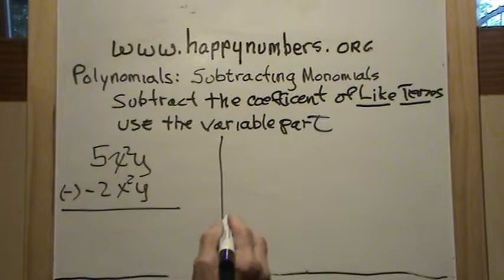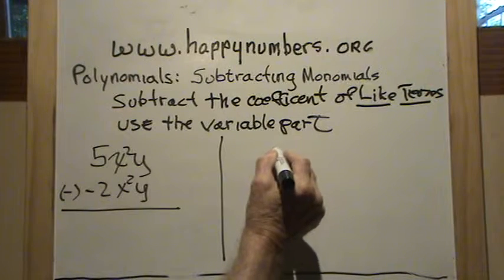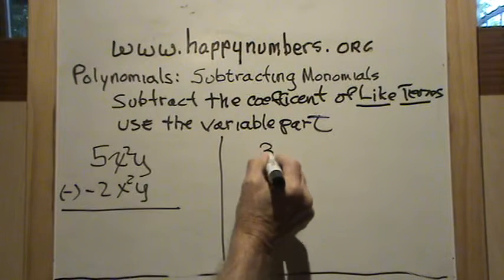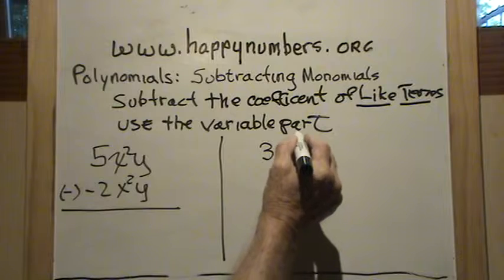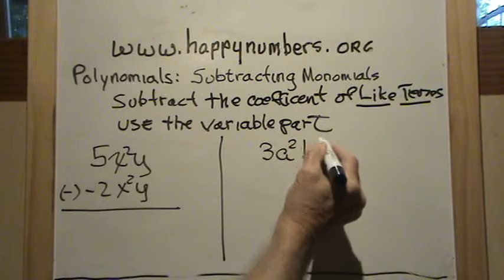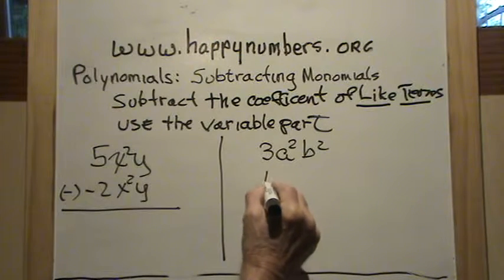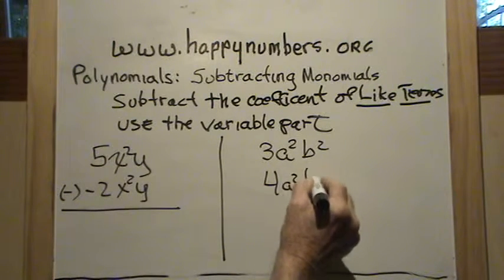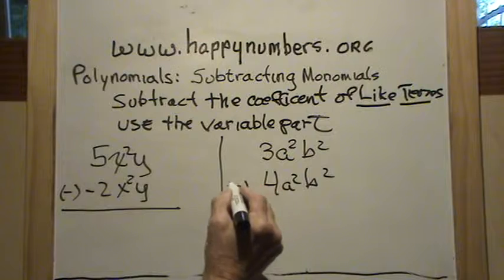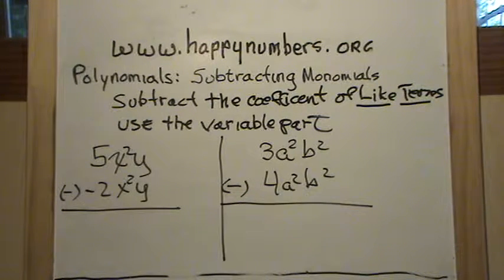And let's take a look at this one. 3a to the second power b to the second power and 4a to the second power b to the second power, and we're going to subtract those two. All right, so there's two problems for you. Put your DVD or video on pause, work those problems, and turn it back on again.